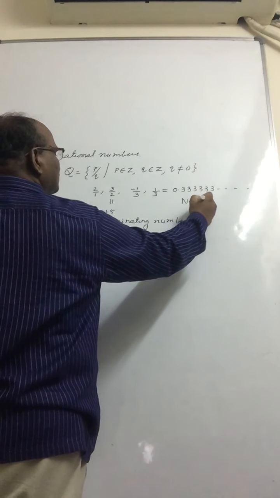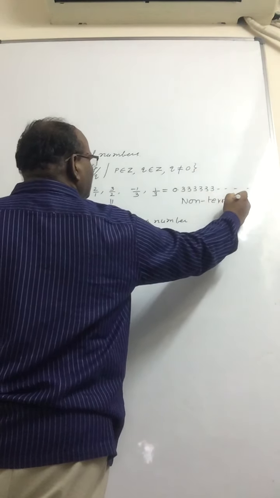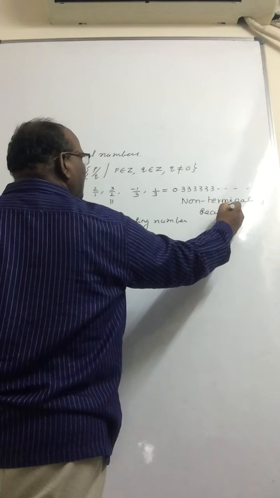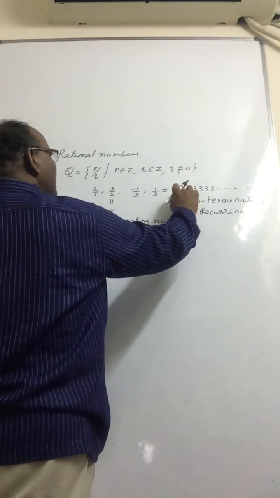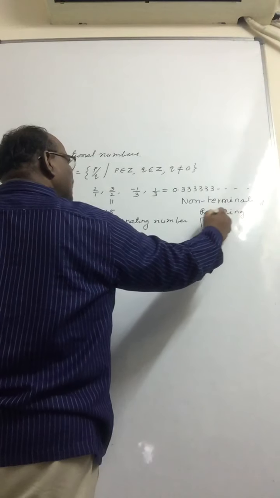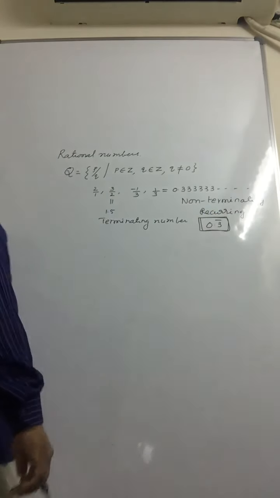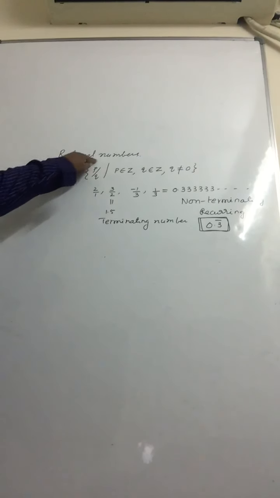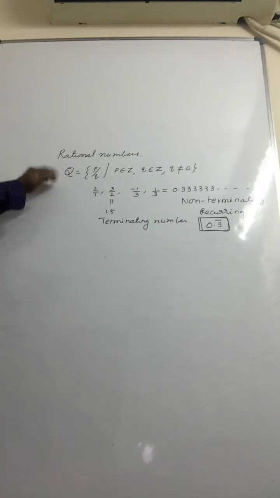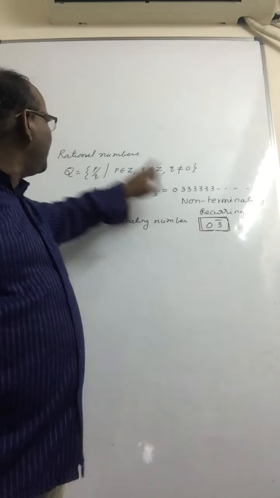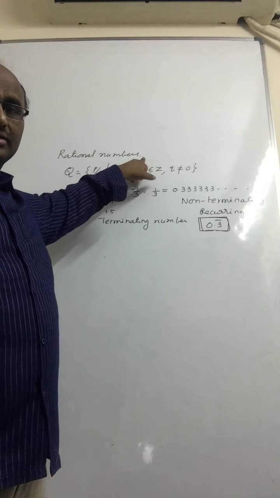It is non-terminating but recurring, meaning one particular digit is repeated many times. So terminating numbers are rational numbers. Non-terminating but recurring numbers are also rational numbers.